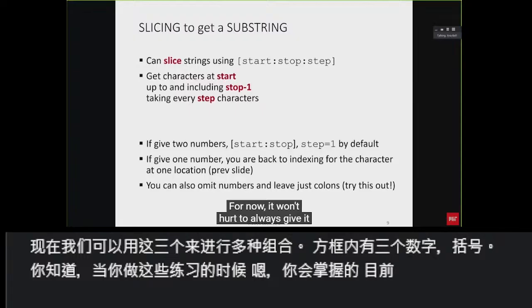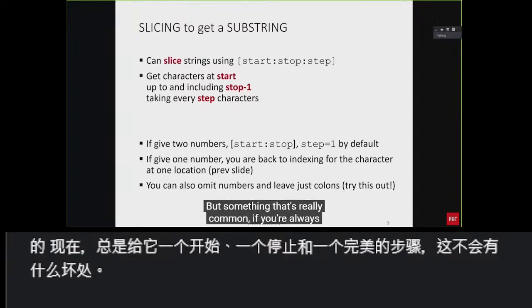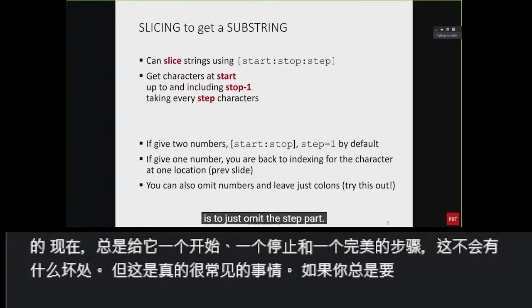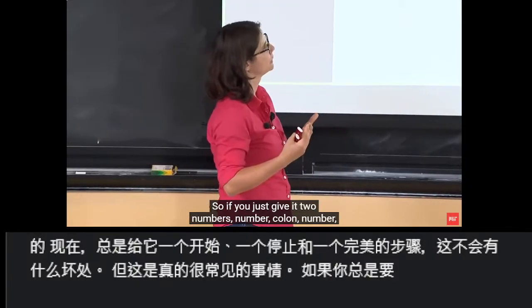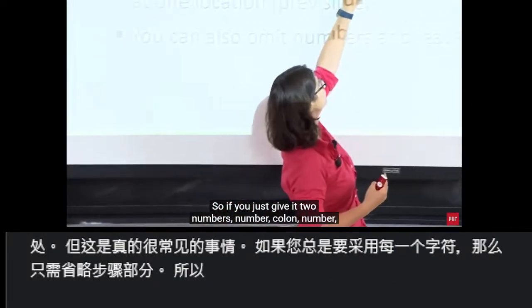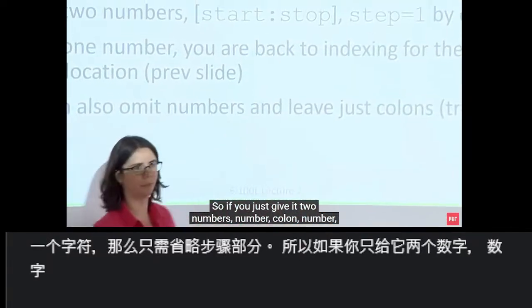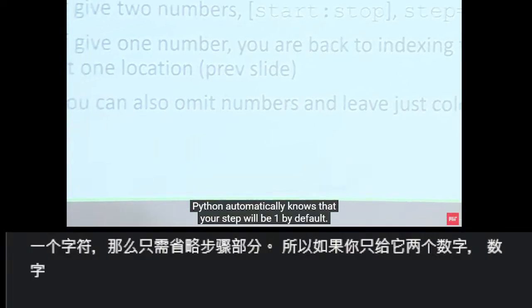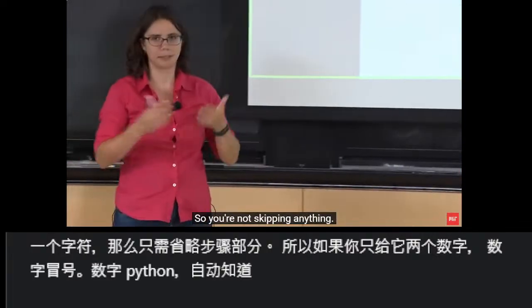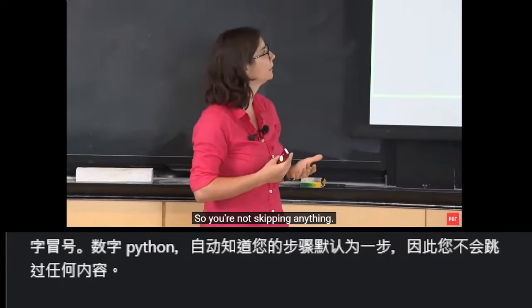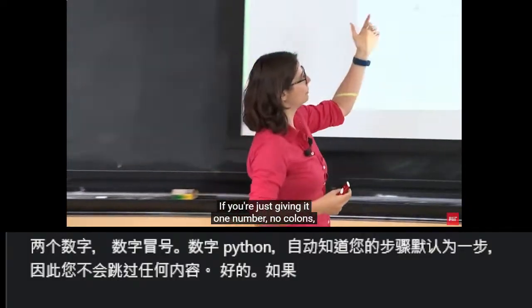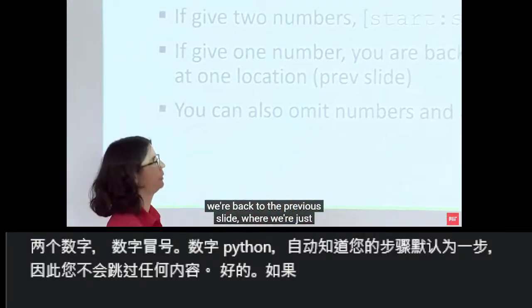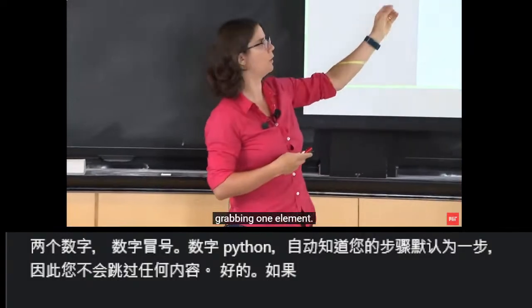For now, it won't hurt to always give it a start, a stop, and a step. That's perfectly fine. But something that's really common if you're always going to take every single character is to just omit the step part. So if you just give it 2 numbers, number colon number, Python automatically knows that your step will be 1 by default. So you're not skipping anything. Okay? If you're just giving it 1 number, no colons, we're back to the previous slide, where we're just grabbing 1 element.